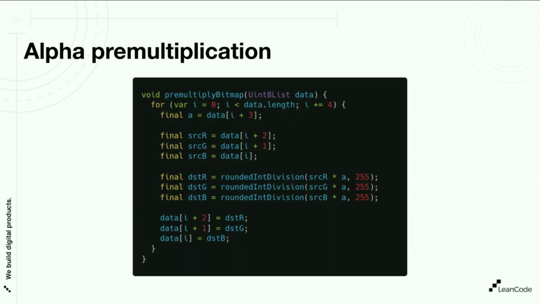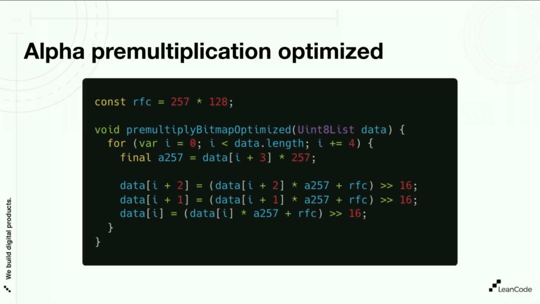Here's the simple algorithm for the alpha premultiplication. We're basically going over all pixels, multiplying the RGB values by alpha, and then dividing them by 255 and writing them back. Super simple. Here is the optimized version that doesn't use any divisions, only multiplications, additions, and bit shifting.